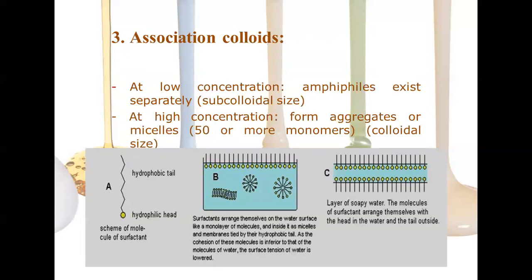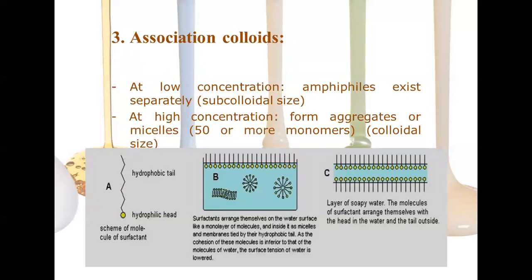These aggregates are called micelles. Each micelle may contain around 50 monomers and the size may be about 50 angstrom. This size falls into the colloidal size range, and they are designated as a colloidal system. The concentration at which the micelle forms is critical to qualify them as colloids.